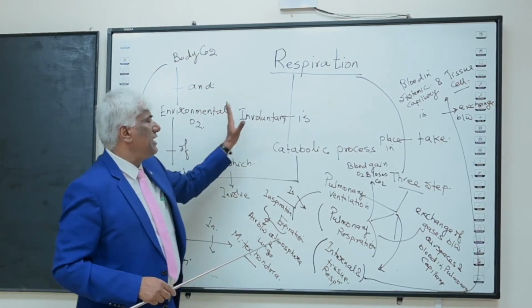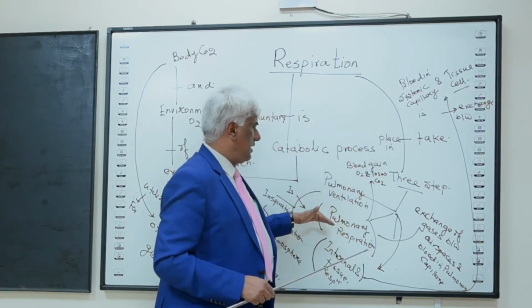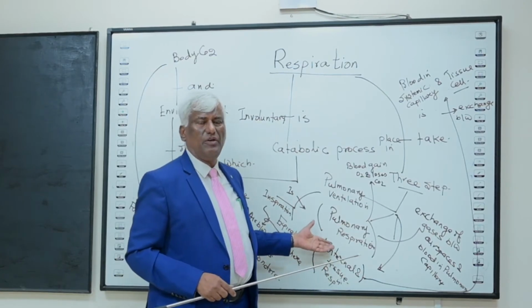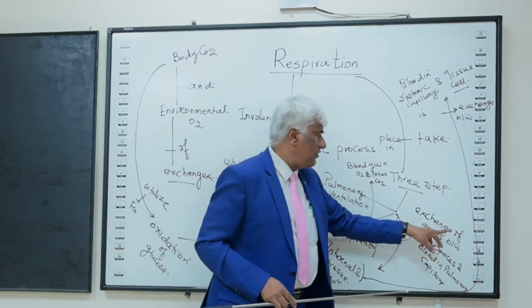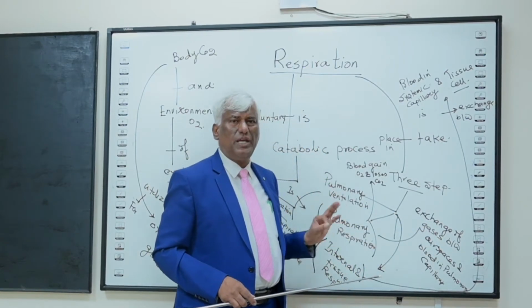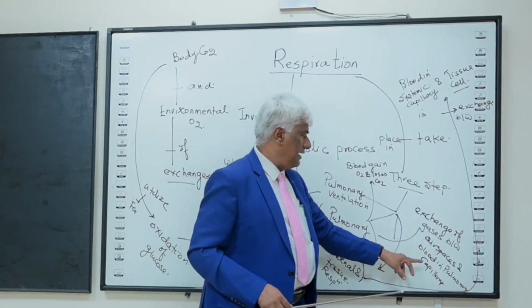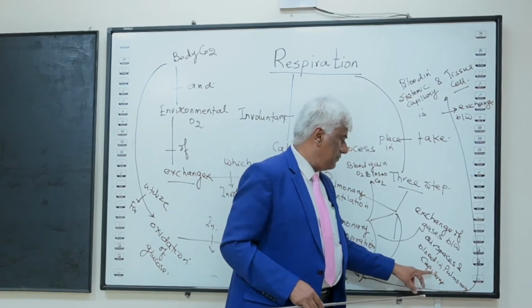Now the next important point: respiration takes place in 3 steps. The next one is pulmonary respiration. When we are talking about pulmonary respiration, it is the exchange of gases between air spaces and blood in pulmonary capillaries.